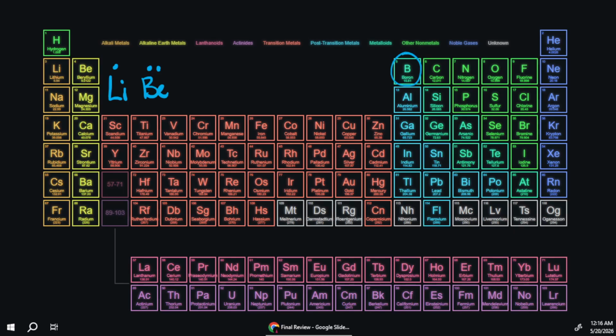Next one is boron. Boron has 3 dots, 1, 2, 3. Carbon has 4 dots, 1, 2, 3, 4. Nitrogen has 5, 1, 2, 3, 4, 5. Oxygen has 6, 1, 2, 3, 4, 5, 6.